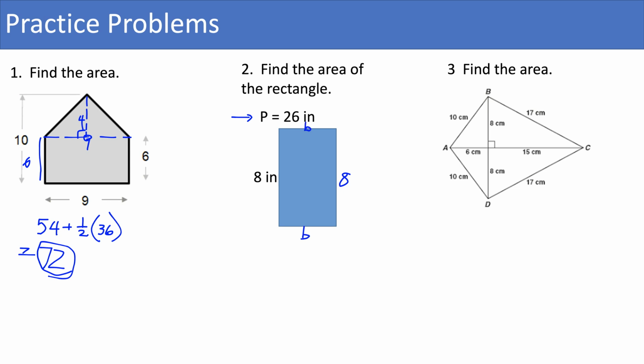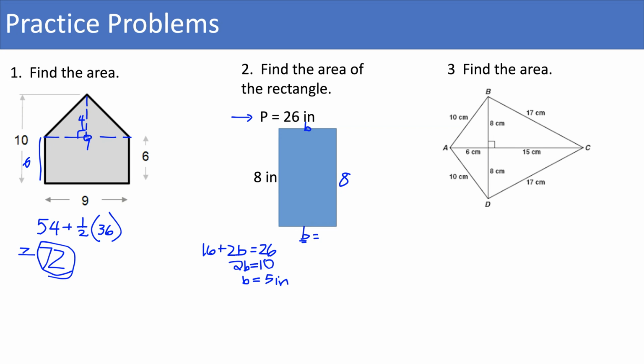So all the way around, which for here is 16 plus 2b, b plus b. That's the perimeter, and it's going to equal 26. So if I can find b, I can find the area. So if I'm doing the math, I'm going to subtract 16. That's going to get me 10. Therefore, b is 5 inches.